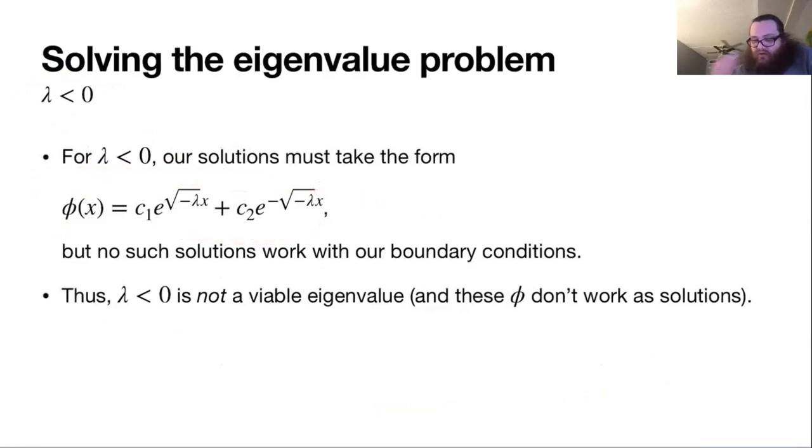The conclusion that we'll make for the larger problem that we're solving is that lambda less than 0 is not a viable eigenvalue, and the corresponding phi aren't actually eigenfunctions. Okay, so far we've seen lambda greater than 0 gives us viable lambda and gives us a viable phi. Lambda less than 0 does not give us a viable phi and hence is not a viable lambda.